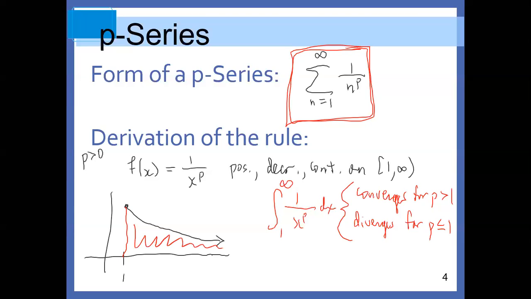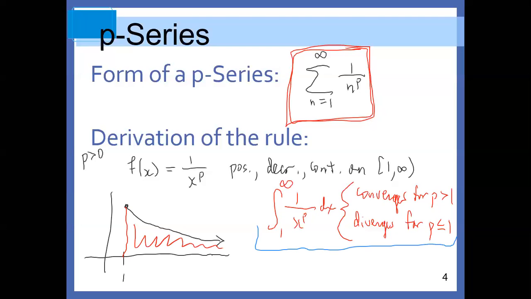What's going to happen if you integrate x squared from 1 to infinity? Clearly, that's going to be an infinite amount of area. It's like integrating the parabola x squared from 1 to infinity. So this integral converges for P greater than 1 and diverges for P less than or equal to 1.